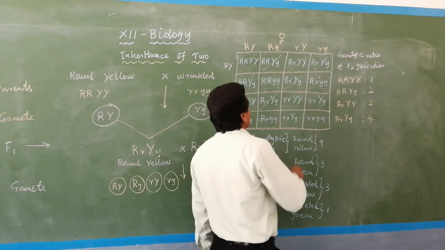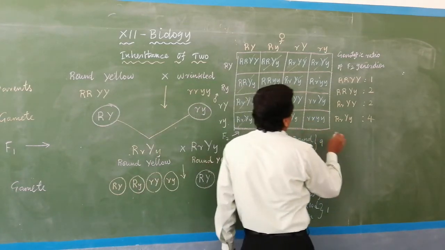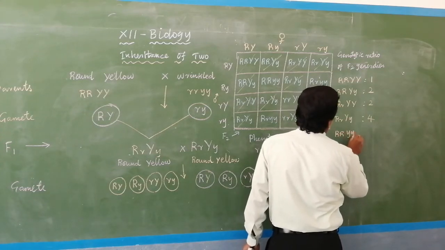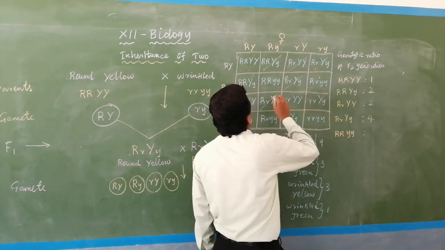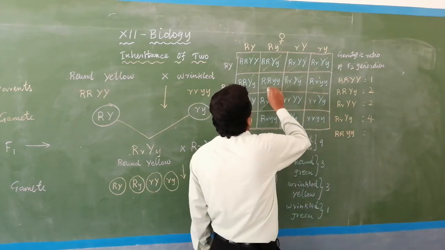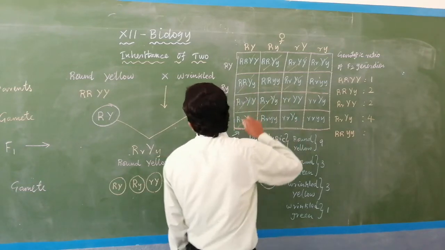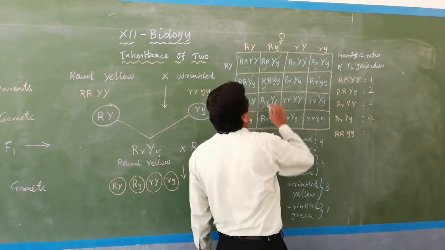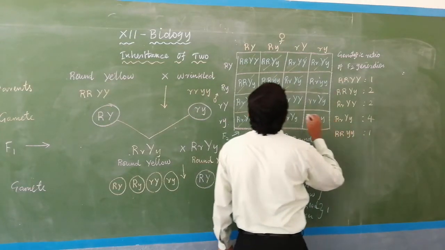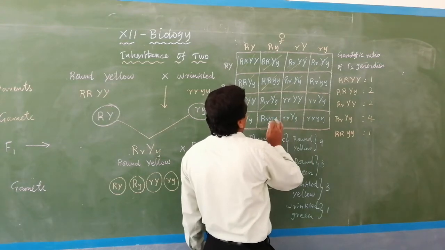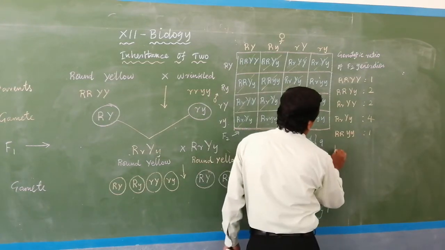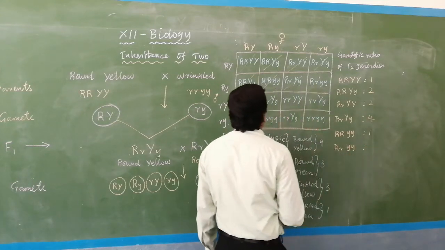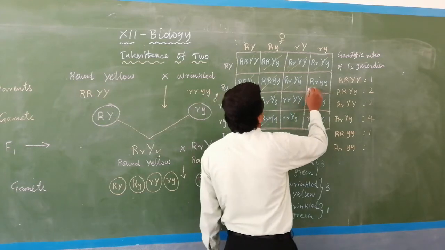The next one here, homozygous round and homozygous recessive. Recessive means small y, which is green. Only one. Next, heterozygous round and homozygous green, 1, 2.